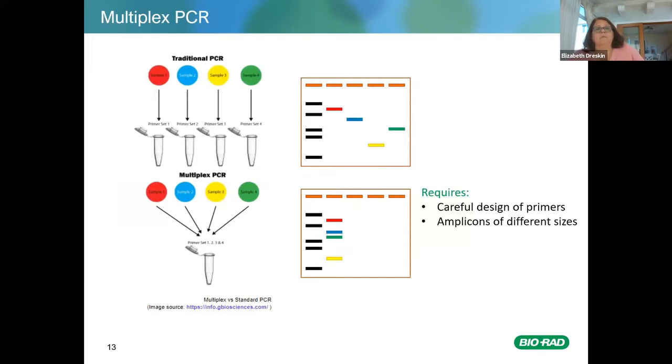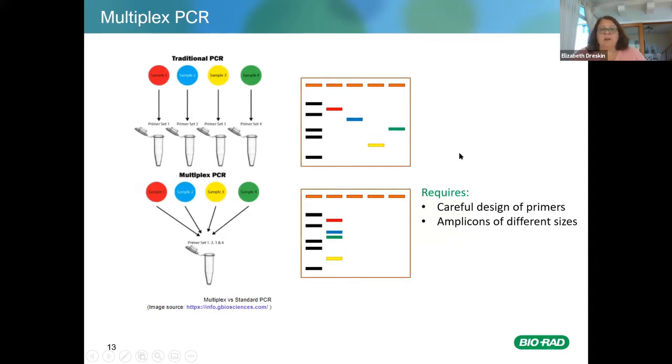I'm showing an example of multiplex PCR here. In the upper cartoon, we have 4 individual assays, and after the amplification, they're run on an agarose gel, and you can see the 4 different results.